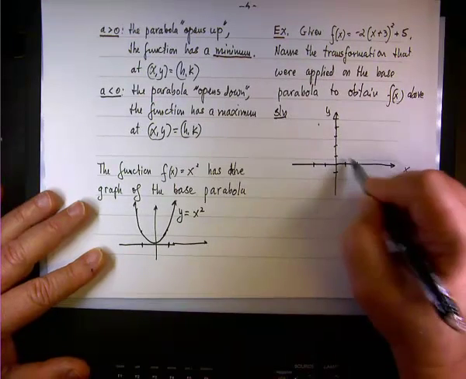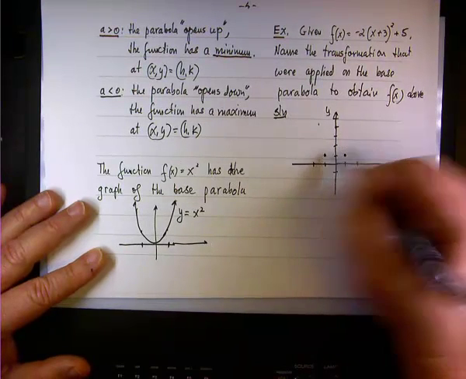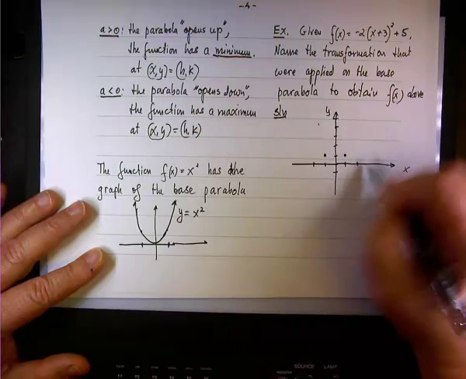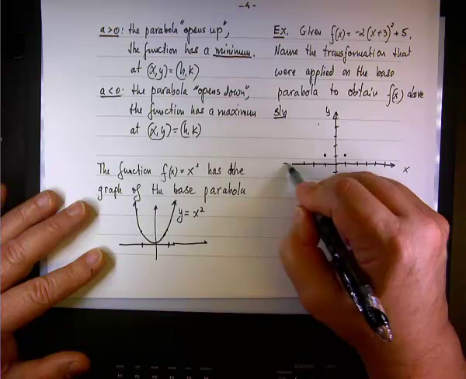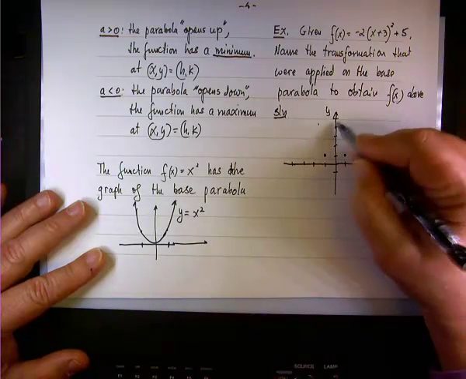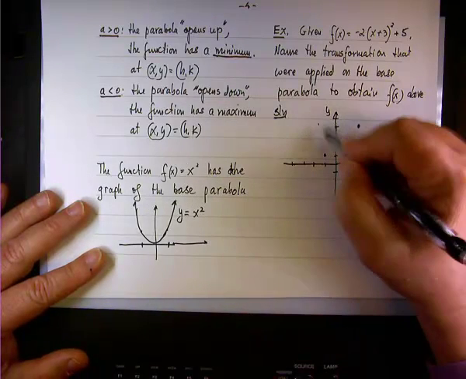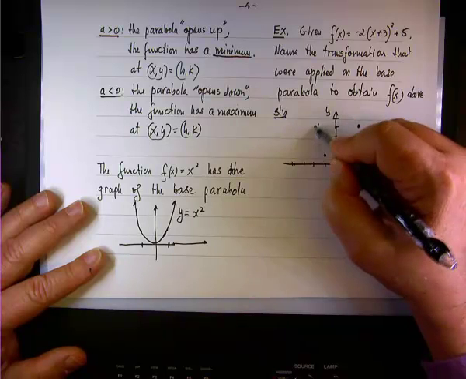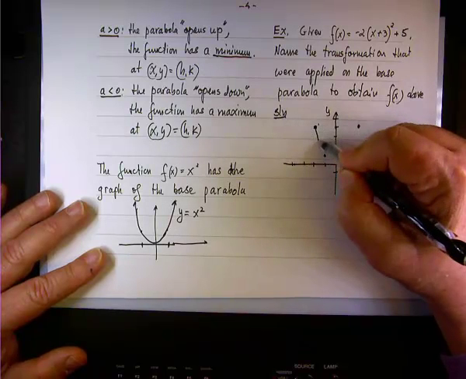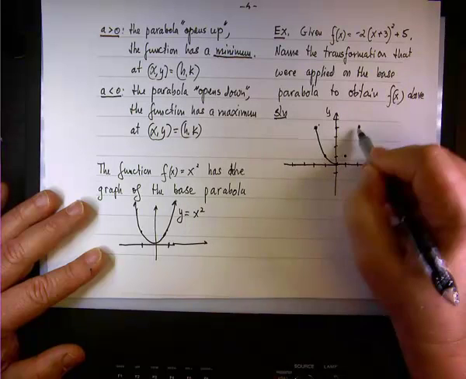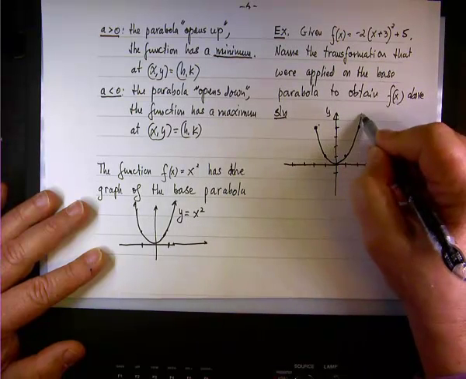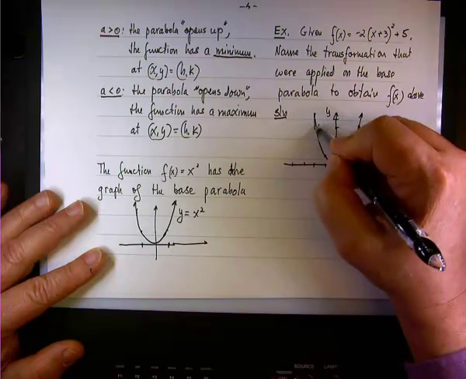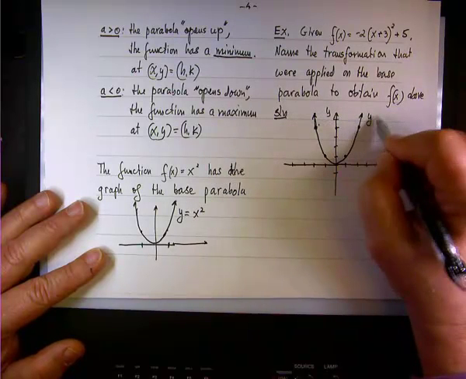So let's see, the points (1, 1), (negative 1, 1), and then (2, 4). So (2, 4) is about right here, and (negative 2, 4) is about right here. And if I draw a curve passing through these 4 points plus the origin, I get the base parabola like so. So this is y equals x squared.